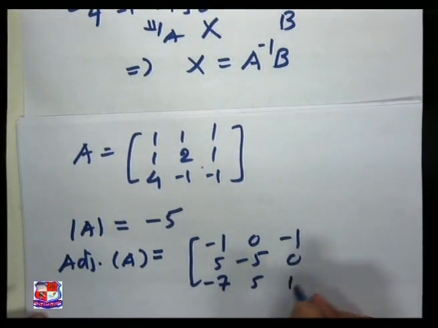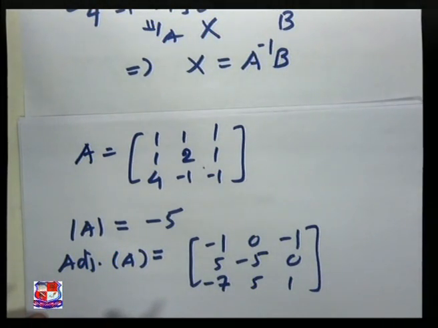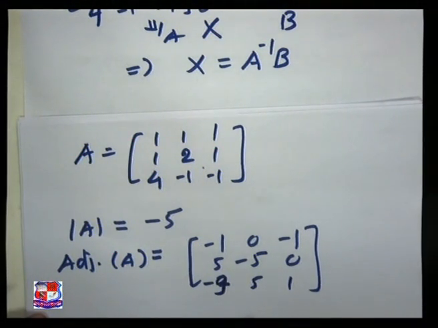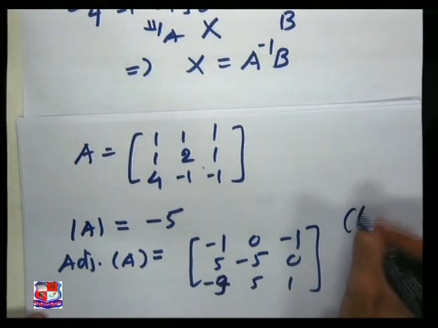Okay, this is the adjoint of A, sorry, here that is minus 9. So this is the adjoint of A, and this is for you to check yourself.